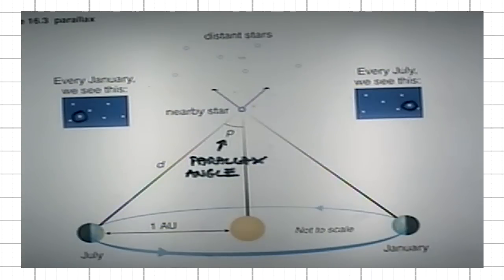To give you an idea as to how small that angle is, it's the angle at which you would see a quarter, a coin, at a distance of 5 kilometers from you. If you could see it, you can, right? It's a small angle. So even for the closest stars, that parallax angle P is very small, and it was actually observed for the first time in the 1800s by the German mathematician and astronomer Bessel.